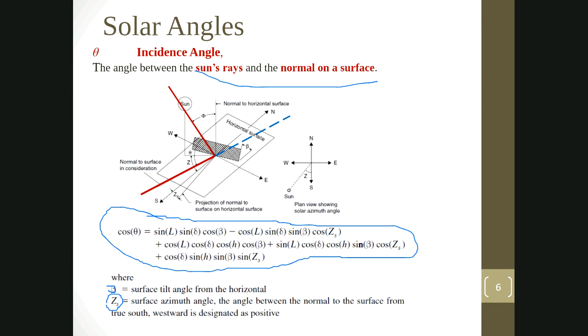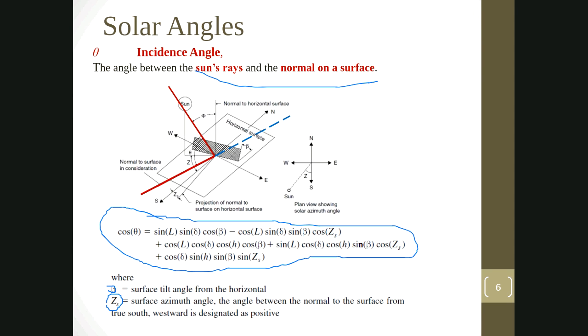So the incident angle is a function of the latitude, the declination, the hour angle, beta, the tilted angle of the surface, and the surface azimuth angle. Take care, I said surface azimuth angle.